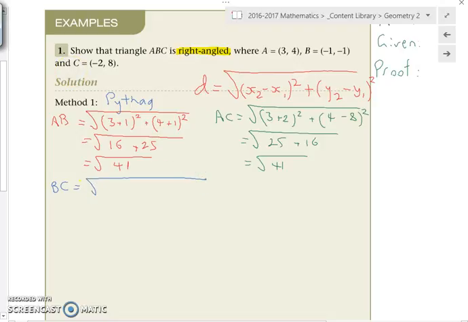Alright, so this last one. We've got BC. So which one are you using first? Doesn't really matter. You used C, did you? Minus 2 plus 1 squared plus 8 plus 1 squared.